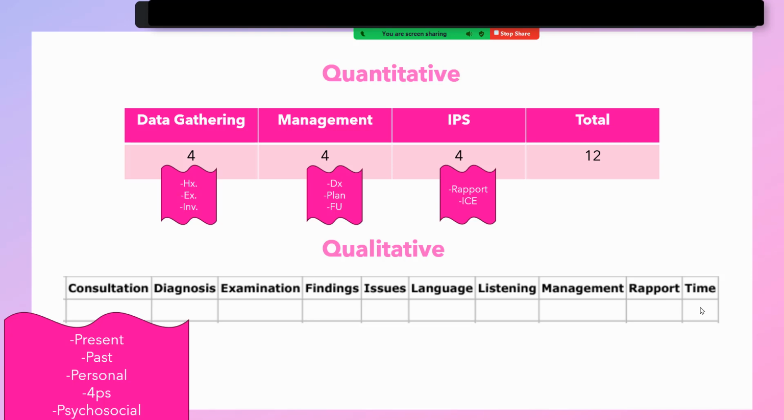Okay? If you finish all of the important points but you are still talking until the last minute, it's okay. As long as you have finished all of the important points, you are on the safe side. Okay? This is in terms of time.